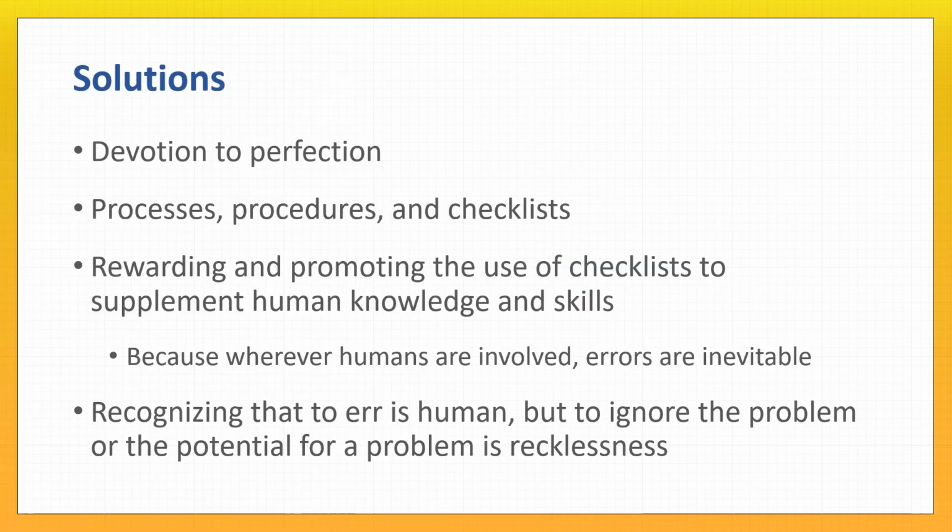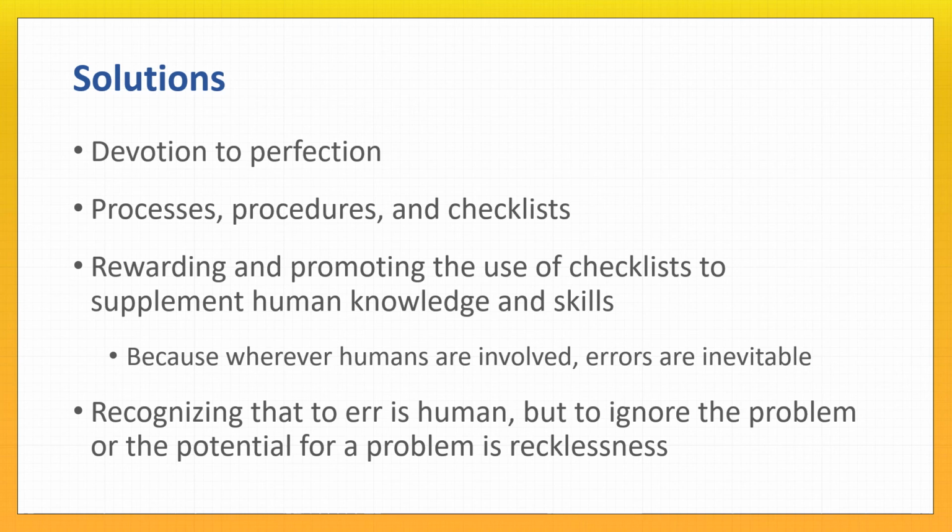So in conclusion, what we have found is that a devotion to perfection, following processes, procedures and checklists, means that we can deliver error-free, high-quality publications. We reward and promote the use of checklists to supplement human knowledge and skills because wherever humans are involved, errors unfortunately are inevitable.